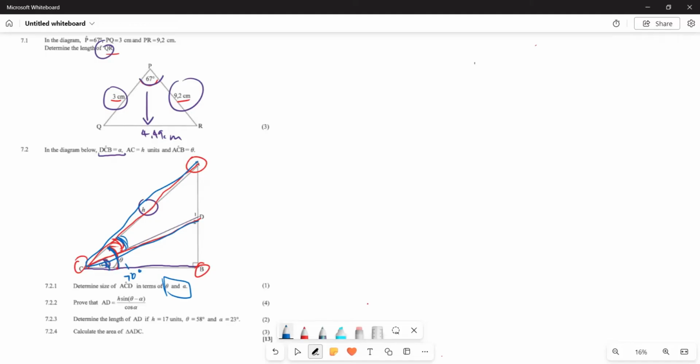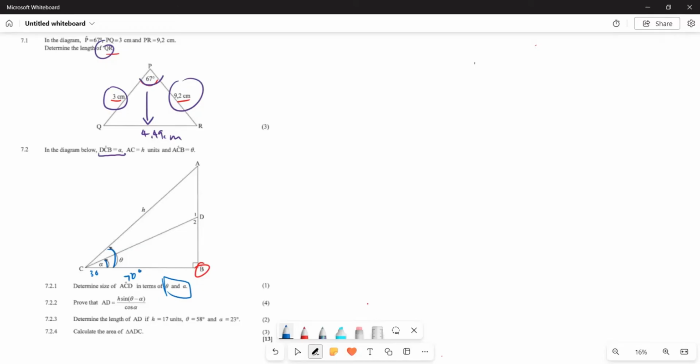And let's say your alpha is 30 degrees, right? So for you to find this angle ACD, let me erase here so that you can see what I'm referring to. We are saying this angle here is given by 30, and this one is given by 70. This is just an example, right?